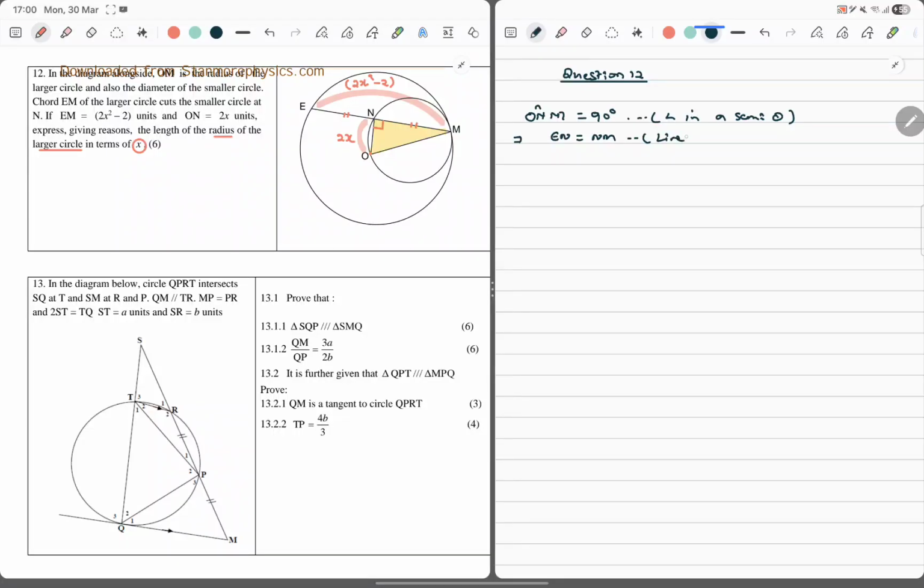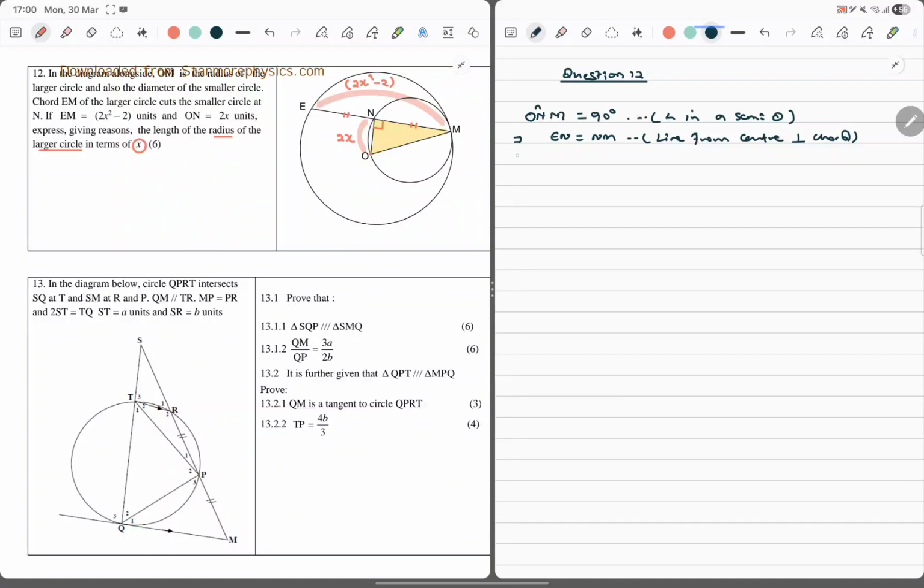Now this is the line from center perpendicular to chord, right? We know that a line from center when perpendicular to the chord bisects the chord. So these are the theorems that come in.